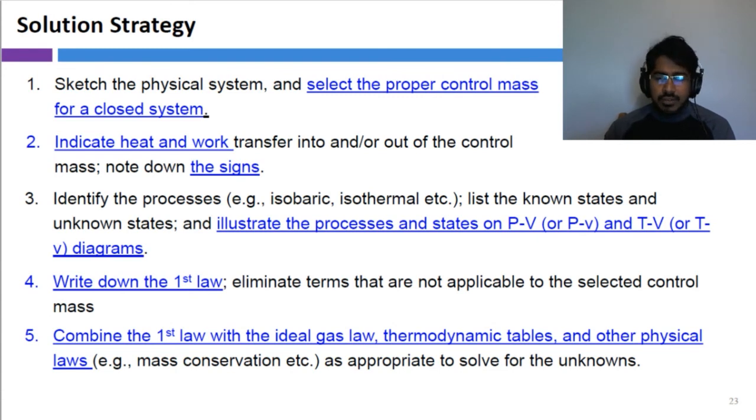And then I will write down the first law equation, and then eliminate the terms that are not applicable, like make them zero. If it is adiabatic, make the Q terms zero. If it is a cycle, make the internal energy difference zero, right? If it is a rigid container, then there's no boundary work, right? So make the W term zero, like that.